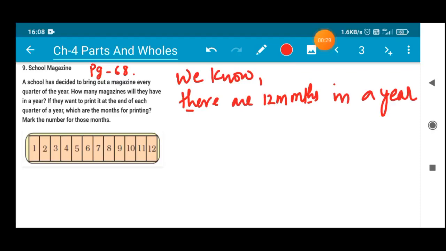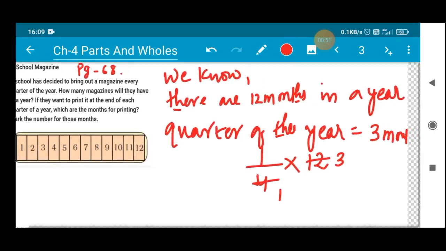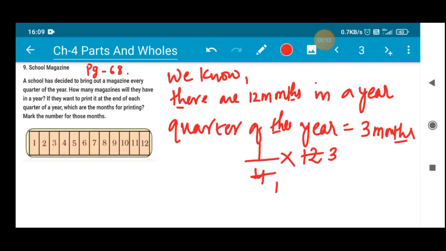So now, quarter of the year means what? It means 1/4 of 12. Out of 12 months we are finding the quarter. So it is 3 months. Quarter of a year means 3 months.